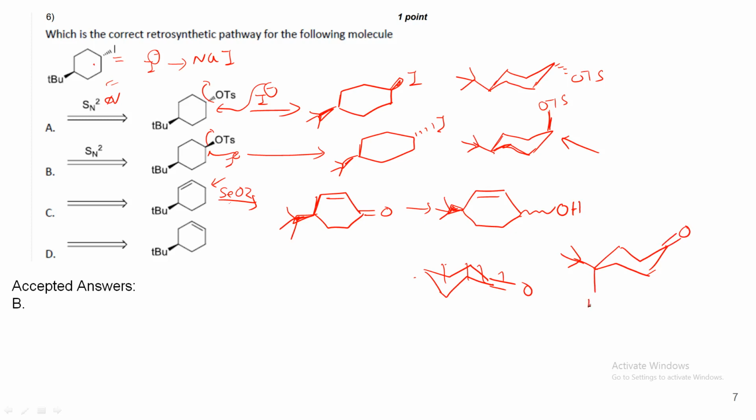So you can think about the approach of hydride from here and here, which would be more favorable. This kind of approach should be favorable, because the hydride can face some strain with this tertiary butyl group, although it's in equatorial form.